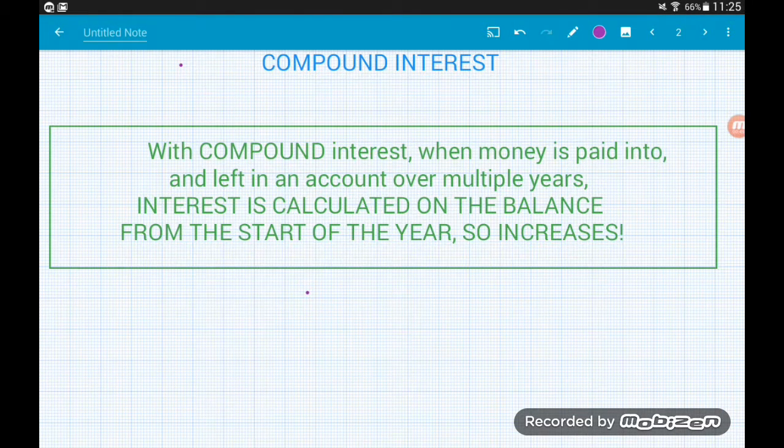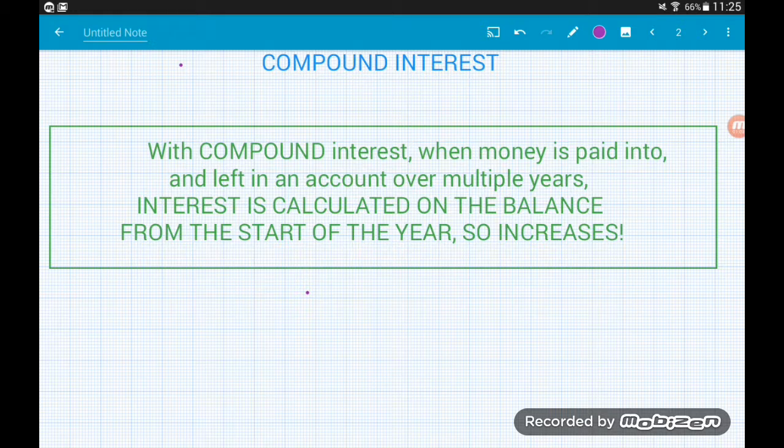Okay, first of all then, what is compound interest? Compound interest is the good one. When you are paid compound interest, then your interest increases from year to year, because you get paid interest on the interest that you got paid the year before. So say that I put some money into an account for 1 year, then I earn some interest on it.